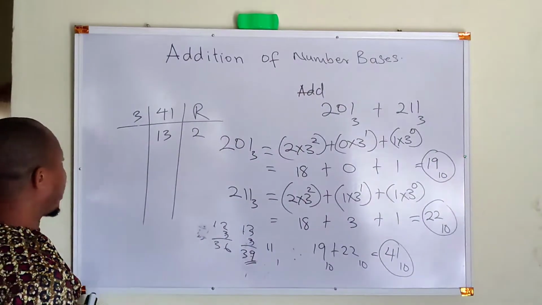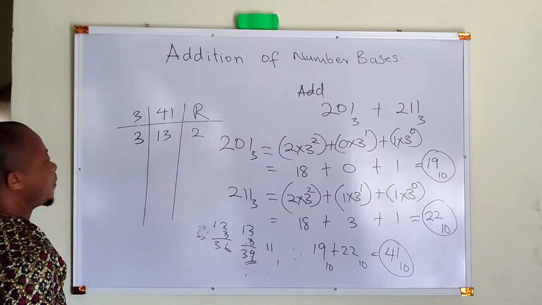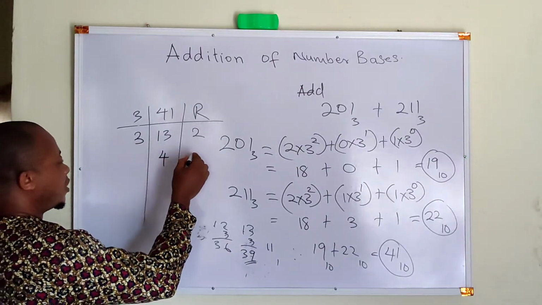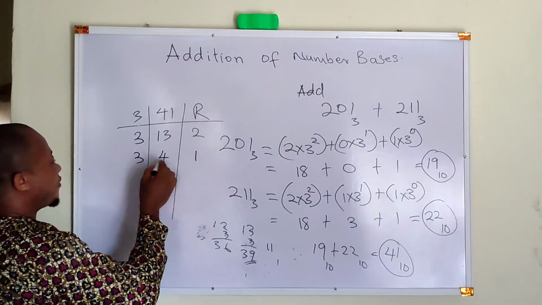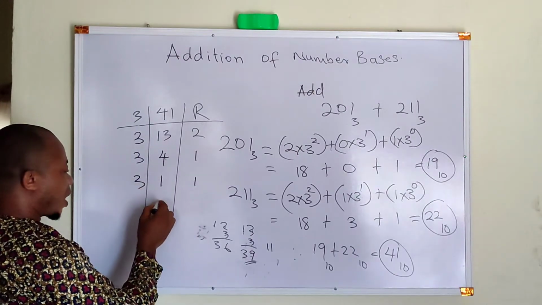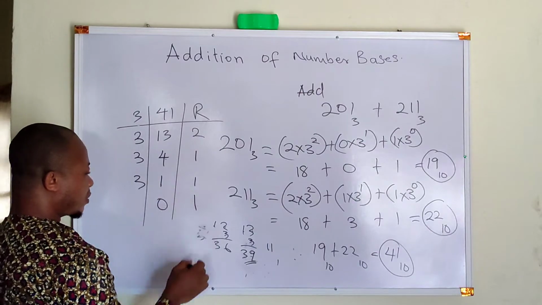Okay, all right, let's use 3 again. 3 divide 13 will give you 4 times, that is 12, remainder 1. 3 divide 4 will give you 1, remainder 1. 3 cannot divide 1, you write 0, carry the 1, come down.